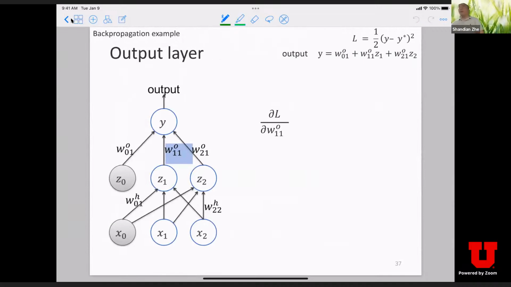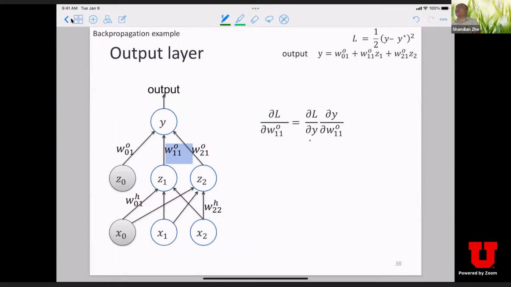Now let us move to the next attribute, W110, which is on the edge connecting Z1 in the hidden layer and Y in the output layer. Again, we use the chain rule. We first compute partial L over partial Y, and then partial Y over partial W110.